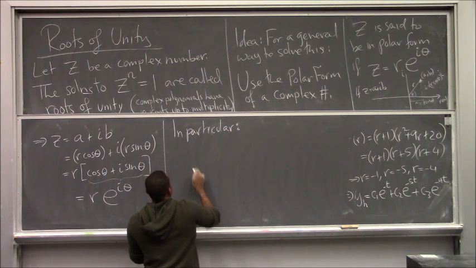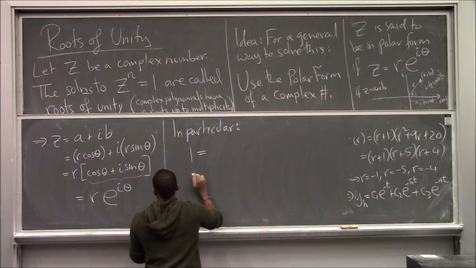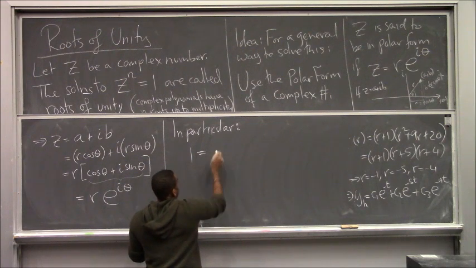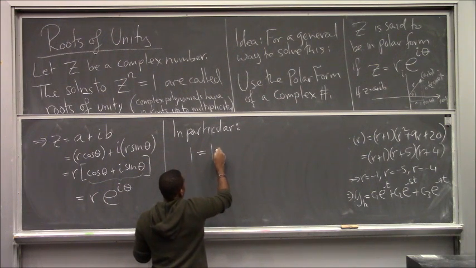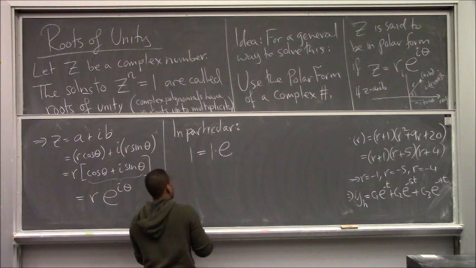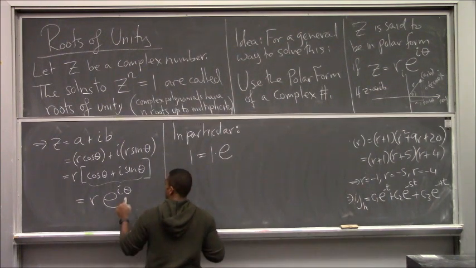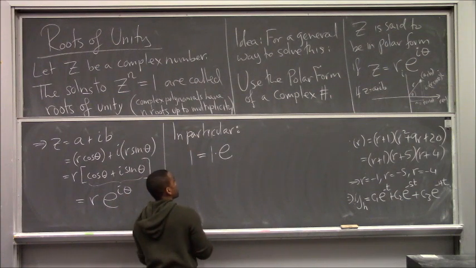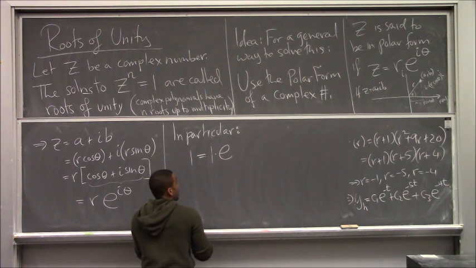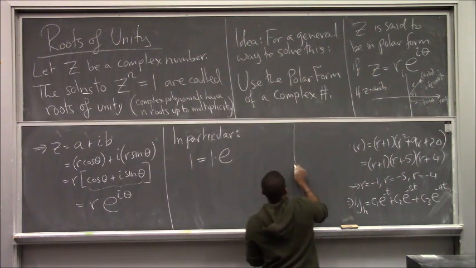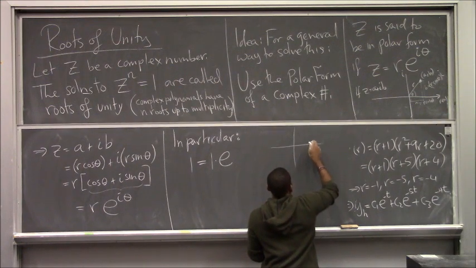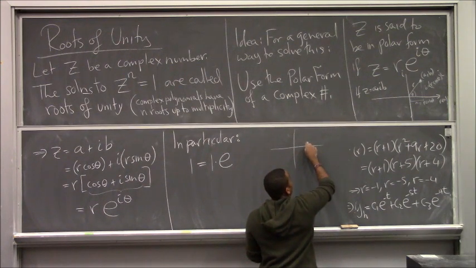I can write the number 1 in polar form. In fact, this is going to be 1 e to the... 1 would be the point here, right?